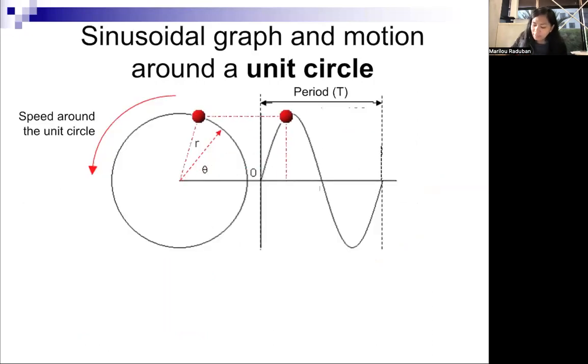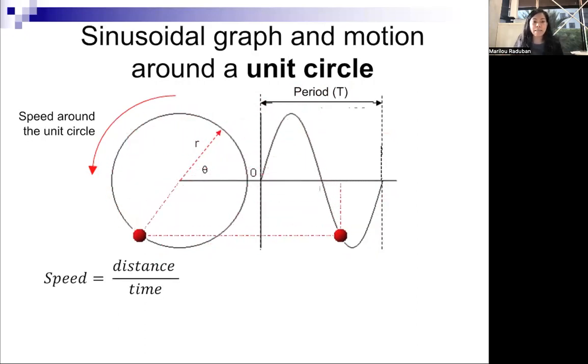Okay, so we've seen that the up and down motion is also translated as a sinusoidal graph with a period T. And essentially period is the time it takes for one up and down motion. And so period is also the time it takes for one round around the unit circle. So we can then define the speed for which the object oscillates and the speed for which the object goes around the unit circle.